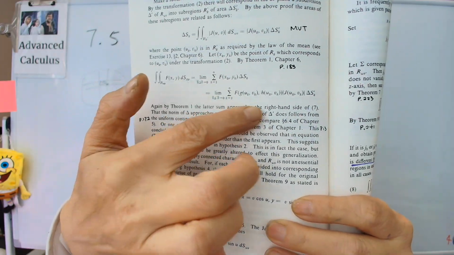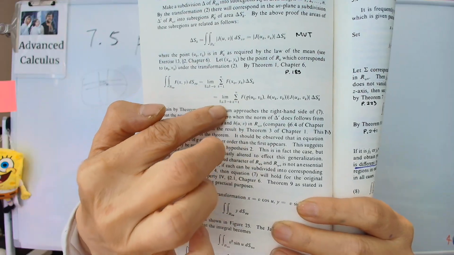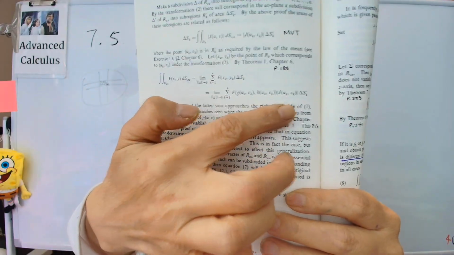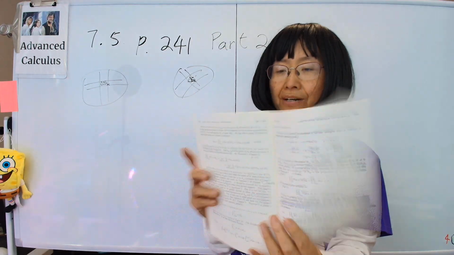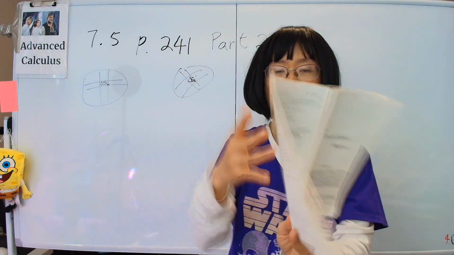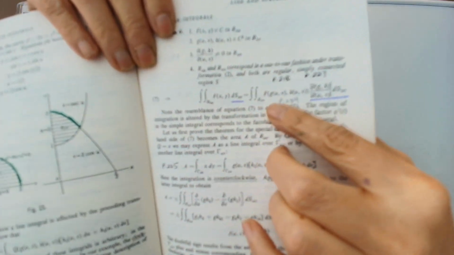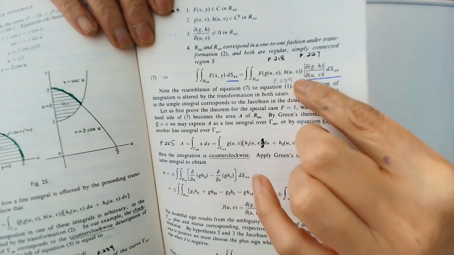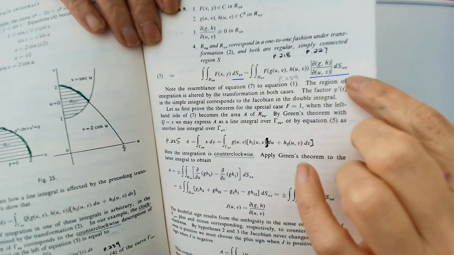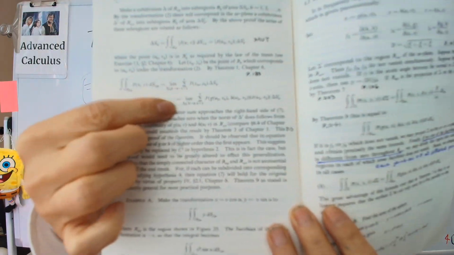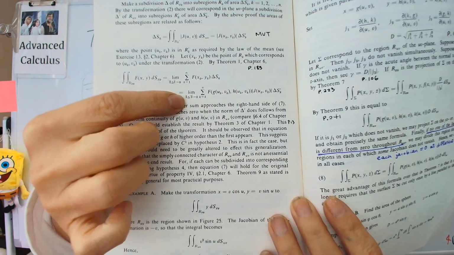So we got this thing right here. Again by Theorem 1, that is by definition the integral that we're looking for, which is on the previous page. That thing is exactly the definition of this thing right here: the double integral of f, g, and h, times the Jacobian, ds, u, v. Look at that again, and you can see why that would be the case. That's exactly the double integral.